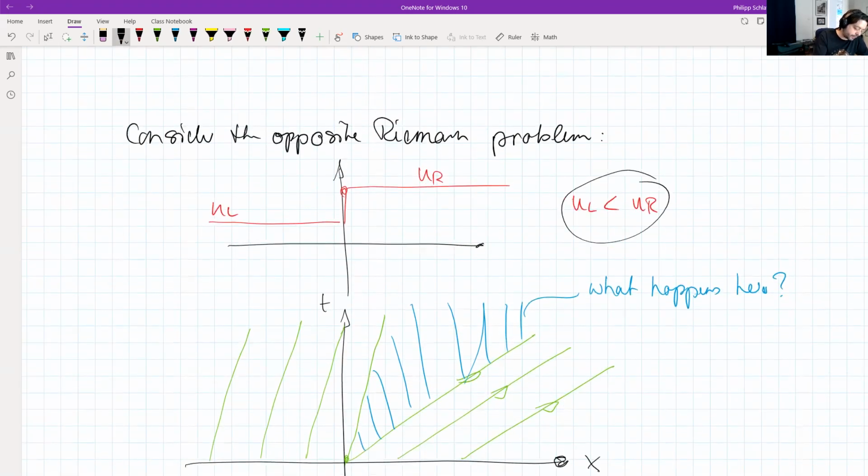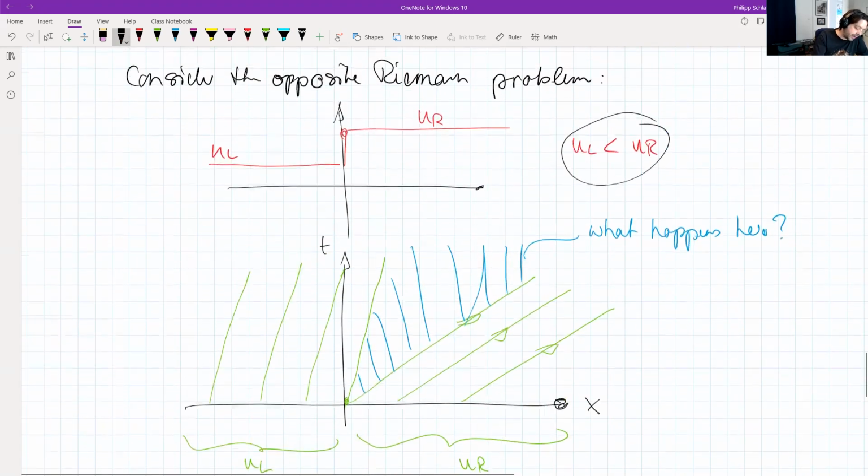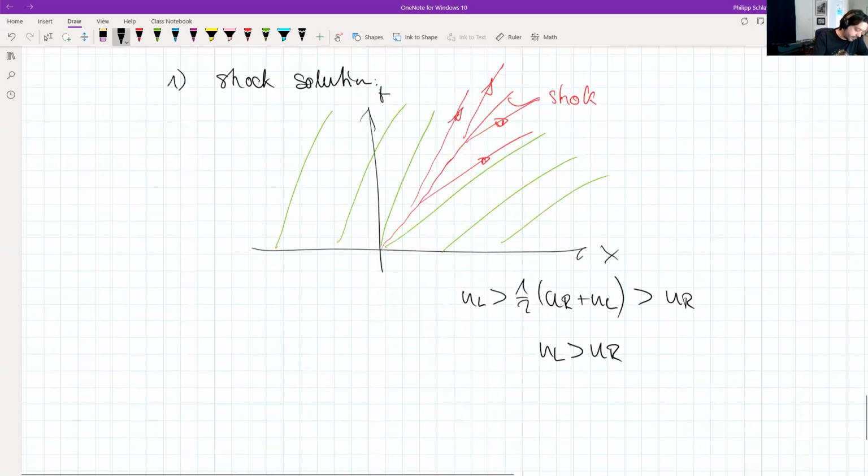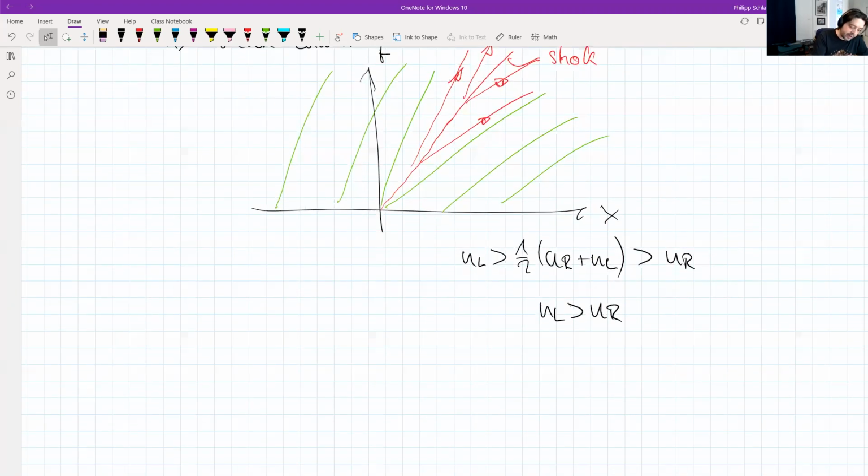Of course, what we assumed was UL is lower than UR, but now we see that the shock would require UL being larger than UR. And of course, that doesn't work. So that doesn't agree with each other. So that means that my shock that I just drew here is not a physical solution.